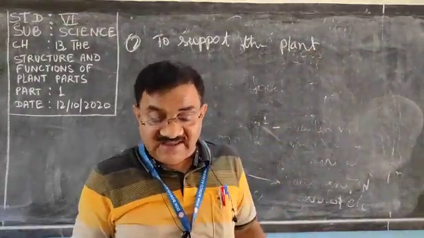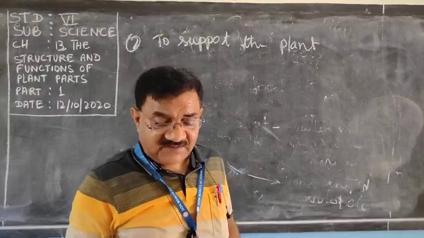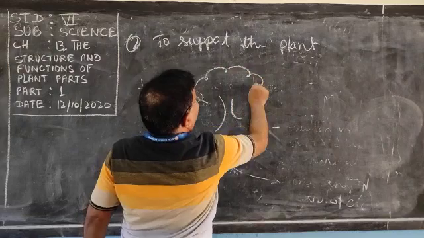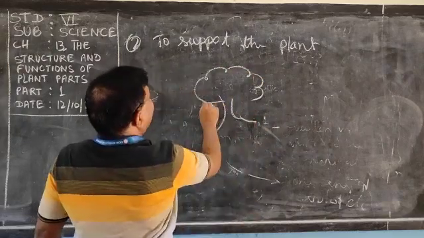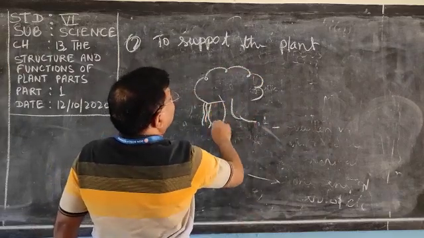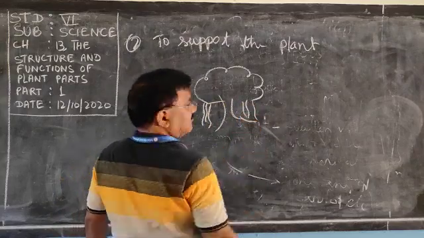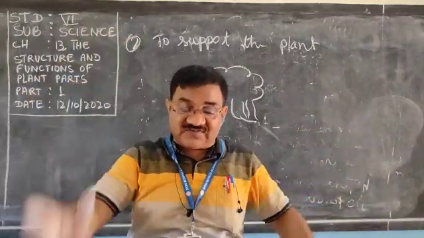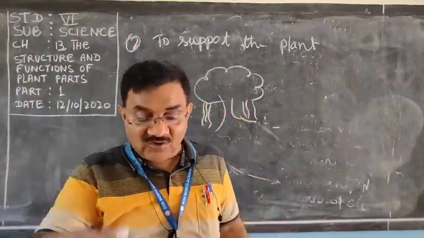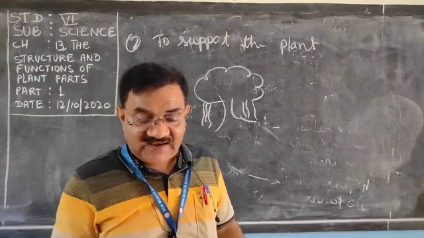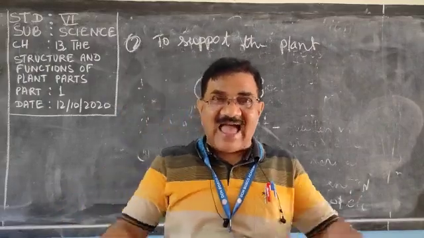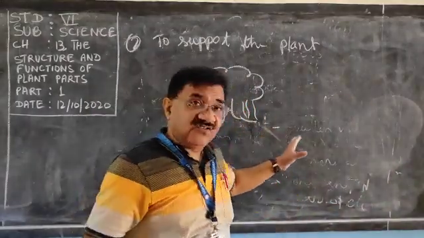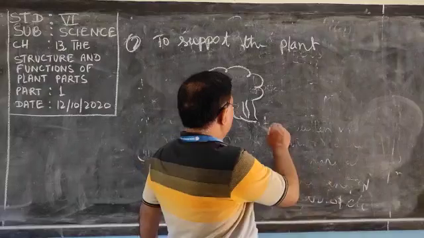Other than the main root, aerial roots arise from the horizontal branches. Suppose this is a tree, and from here certain roots come down from the branches and grow vertically downward, go deep in the soil, and act as a pillar to support the plant. These roots are called prop roots.